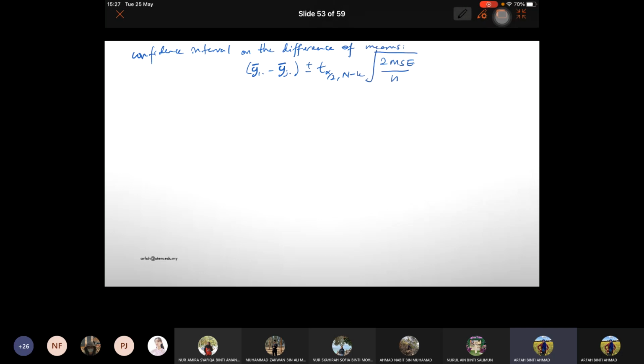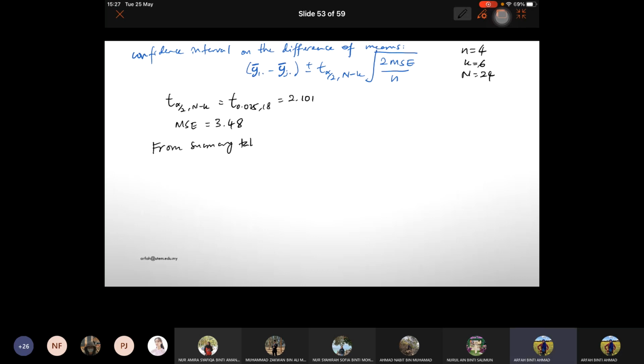Okay. So take a look at this formula, t alpha per 2, n minus k. N kecil sama dengan 4, k sama dengan 6, n besar sama dengan 24. So dia akan sama dengan t 0.025, 24 tolak 6 is 18. Tadi kita dah tengok dapat 2.101. MSE from table of Anova, kita dah tengok just now dapat dia sama dengan 3.48.